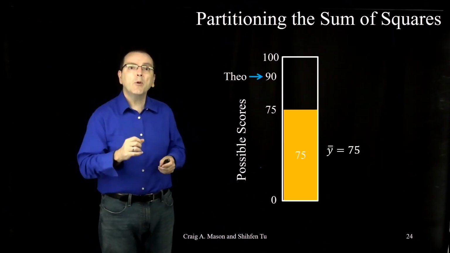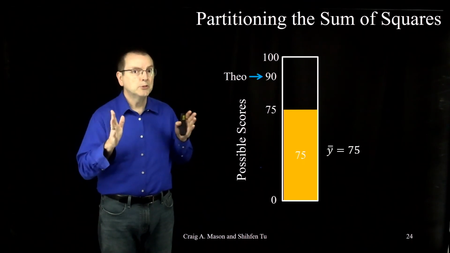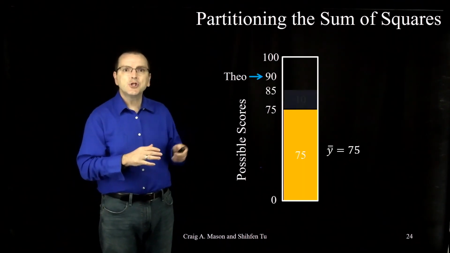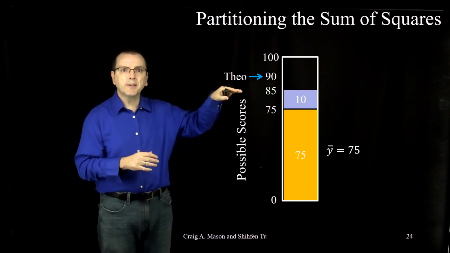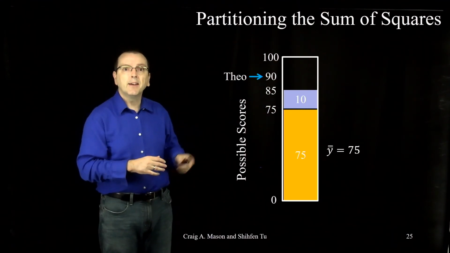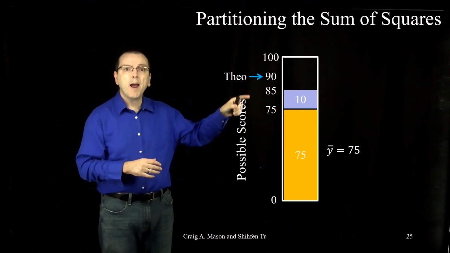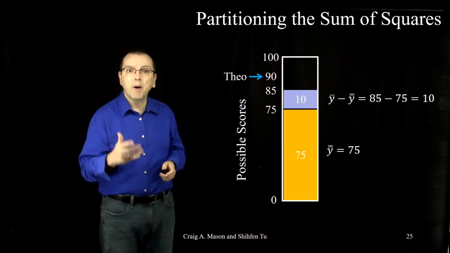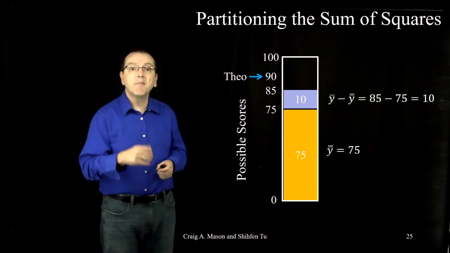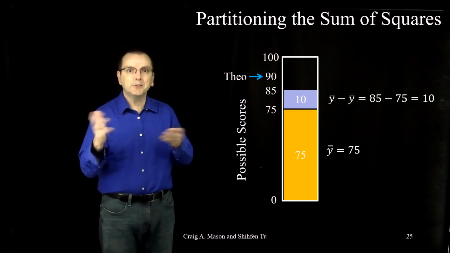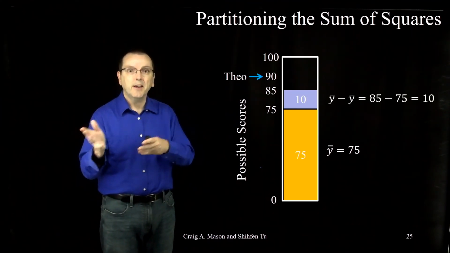Now next, we know the mean for Theo's group, Roman rules, was 85. Let's shade in the area between the group mean and the grand mean. Now, mathematically, we can write that as y bar minus y double bar, the group mean minus the grand mean, or 85 minus 75 is 10, which again is the difference between Theo's group mean and the grand mean.